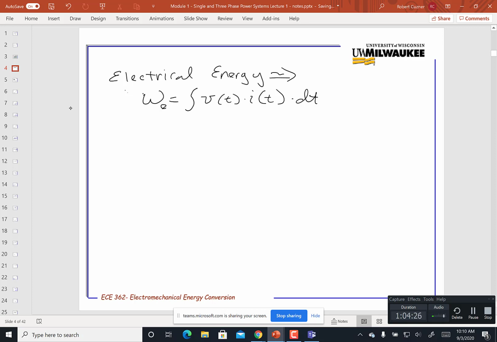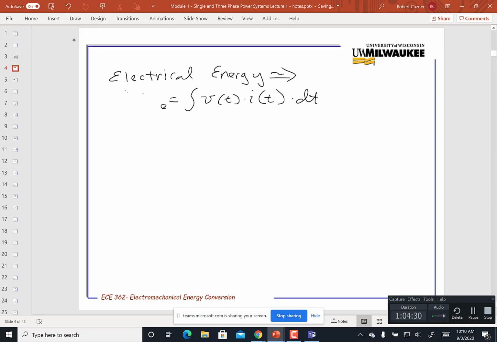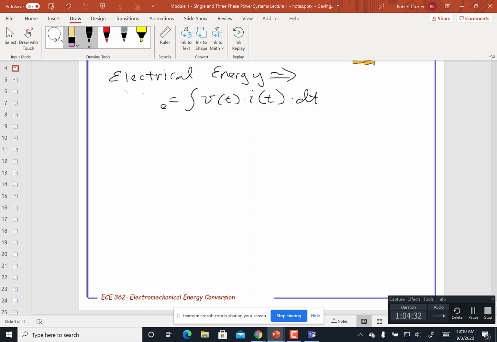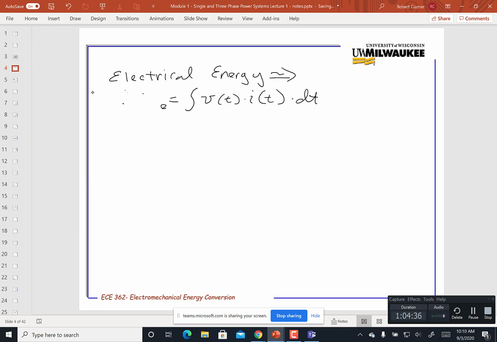This is a W, not, in fact, I'm going to change my symbol here because it'll get confusing in a moment. WE. Power, electrical power, I'll say it's instantaneous power, is just volts times amps, right?